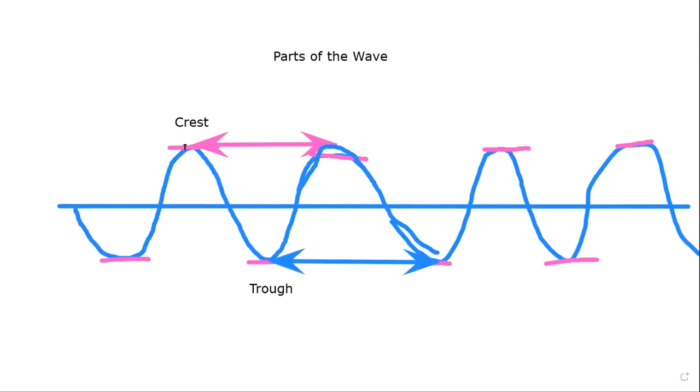You are not supposed to join a crest and a trough, only two crests or two troughs. They will be the successive ones, not after this one you skip one or two and then connect the crests. No, the successive or adjacent crests. This length is called wavelength.